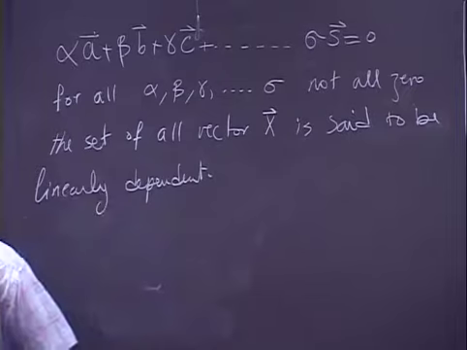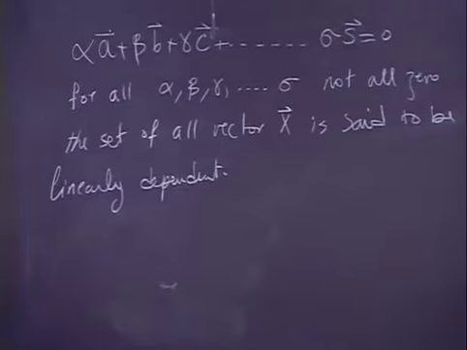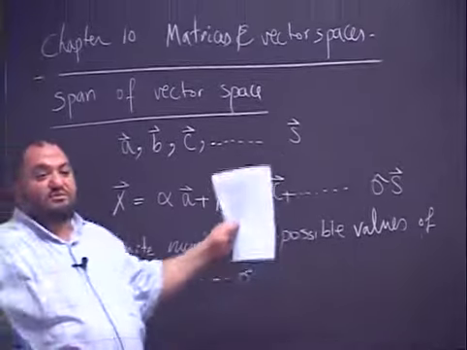The set of all vectors x that can be written in this form, alpha A, beta B, gamma C, up to sigma S, is called the span of the vector space.